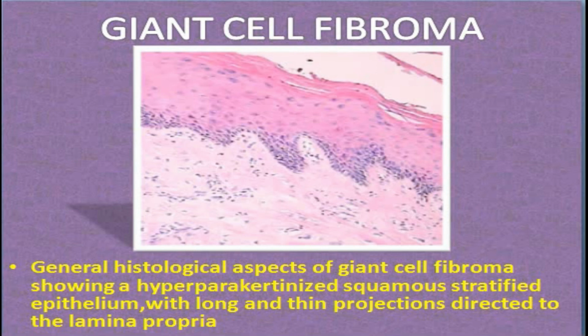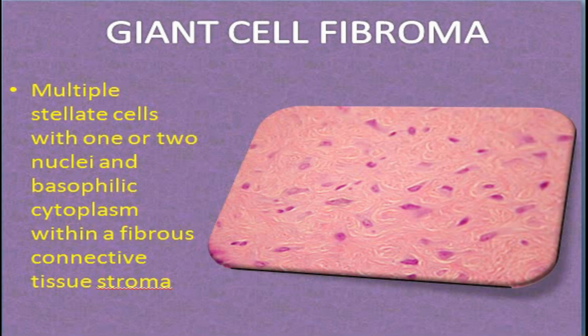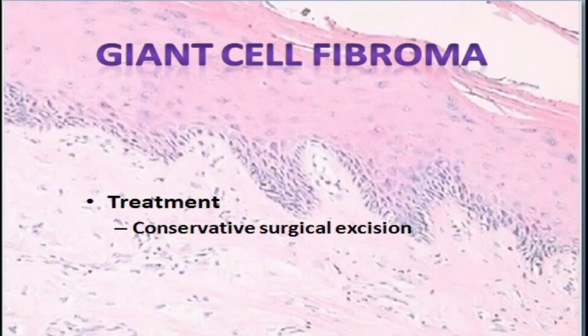That means hyperkeratinized stratified squamous epithelium with long and thin projections directed to the lamina propria, and in the connective tissue stroma which carries bundles of collagen fibers, fibroblasts, giant cells, etc. So in this picture, A is connective tissue, B is surface epithelium, C is giant stellate shaped fibroblast, D is binucleated fibroblast. Multiple stellate cells with one or two nuclei and basophilic cytoplasm within a fibrous connective tissue stroma. That is the classical feature for giant cell fibroma.